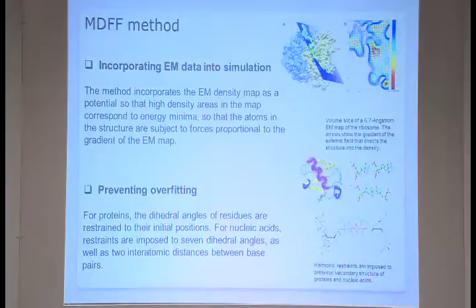Then you can do it, but then you have to really restrain that region also. Like if one stretch of amino acids is missing, you have to really fix these two regions so that they shouldn't move apart. So this you have to really take care of.